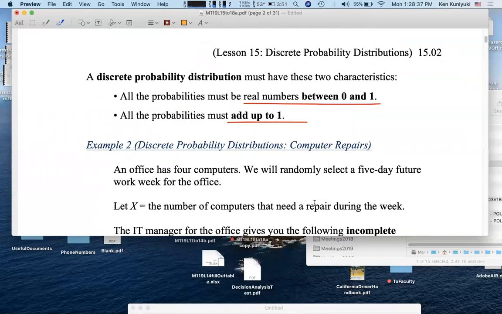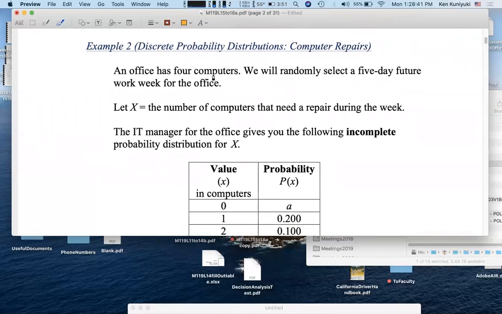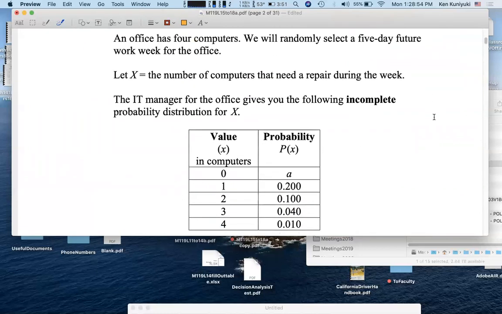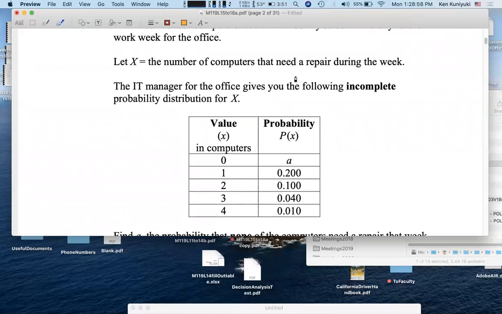All right, so for example, let's say that an office has 4 computers, and any number of them might break during the week. We will randomly select a 5-day future work week for the office. Ignore holidays and all that. Let X be the number of computers that need a repair during the week.